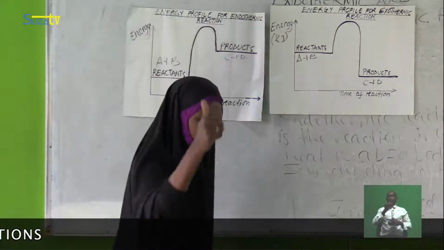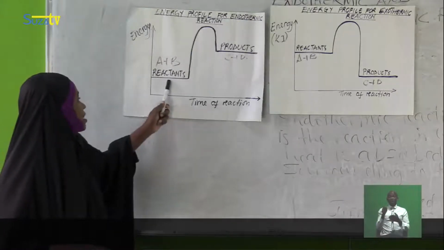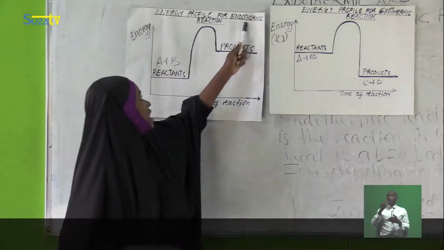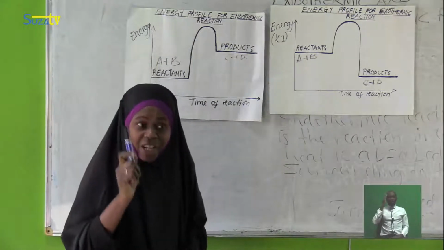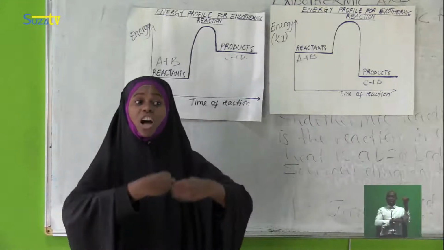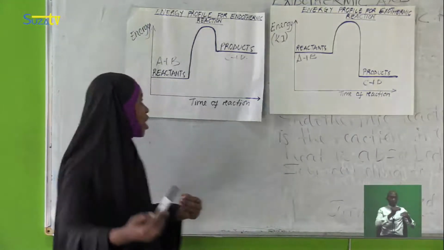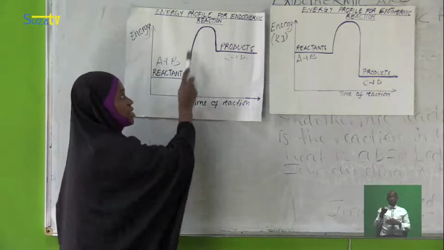Yes, thank you very much. Here, because the reaction is endothermic, and we know that in an endothermic reaction the energy from the surrounding is absorbed into the reaction. So before, this was the energy of the reactant before producing the product.